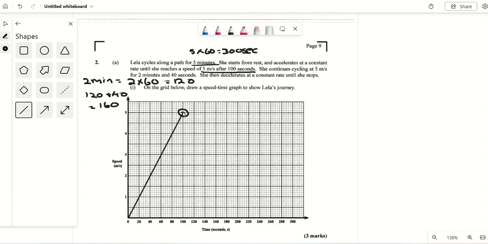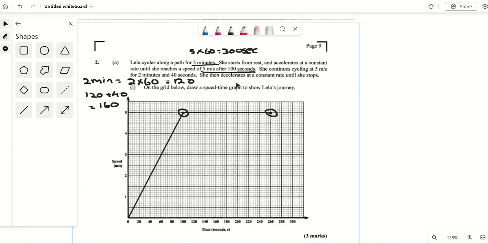So she is going to have constant speed until she reaches 260. Yes, 260 is here. So this point here would be where 260 is. This is where she has her constant speed.